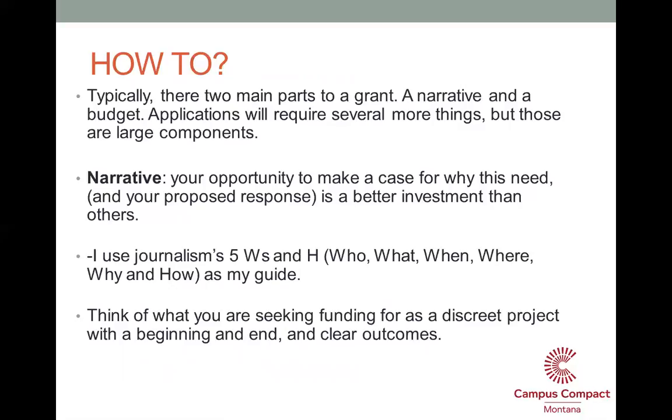But the big components of a grant application are basically the words section and the numbers section. So the narrative and then the budget. The narrative is your case for why the funding should be given to you. It's your opportunity to make a compelling argument that says, with a little bit of money, we can do amazing things.